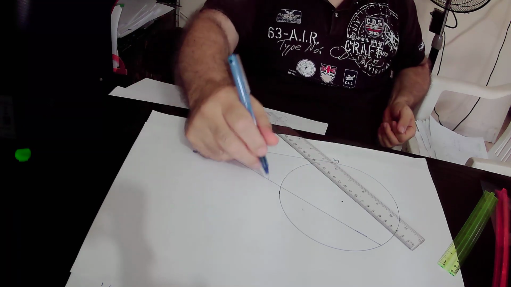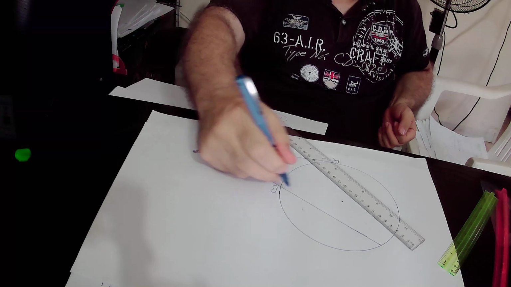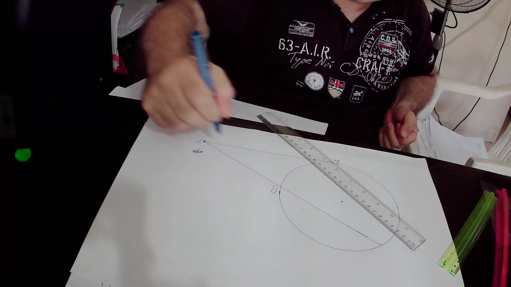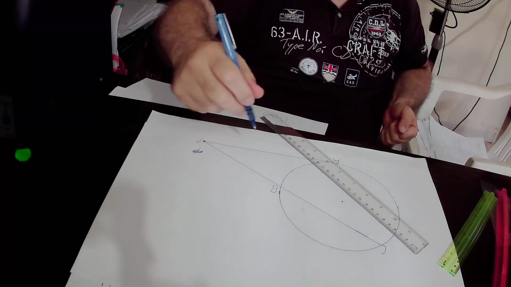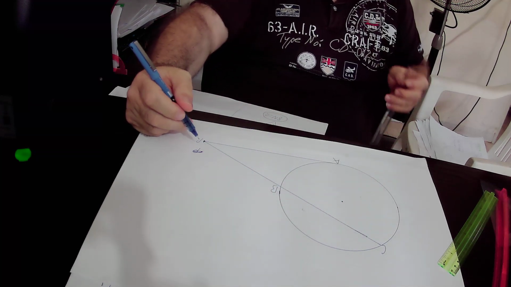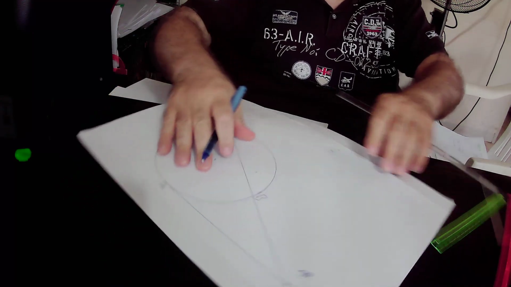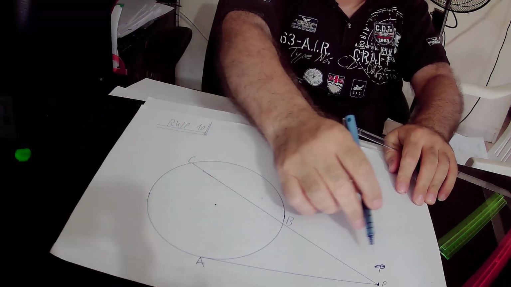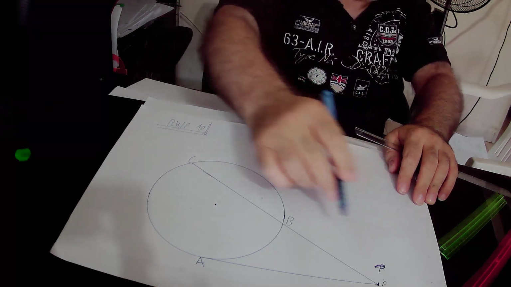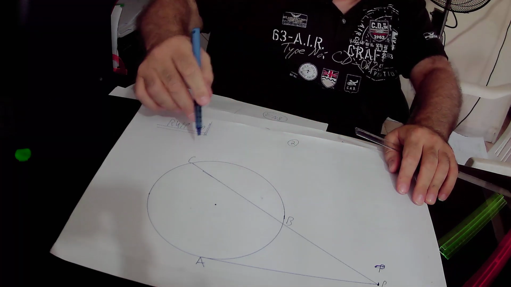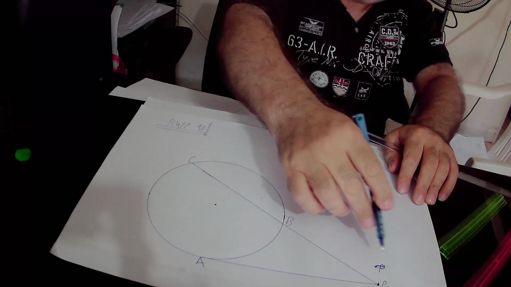We define the intersection point here as point B, and the other intersection point of the straight line with the circle as point C. We have here chord BC. According to the new rule, AP squared equals PB times PC.